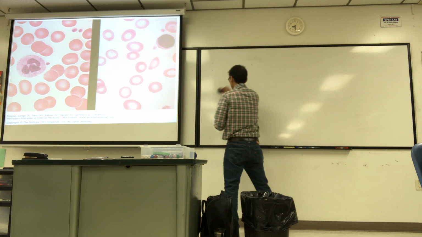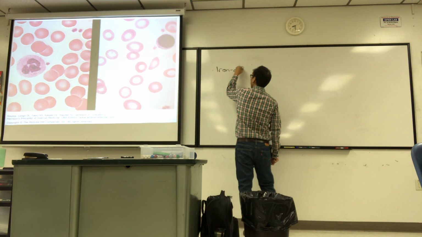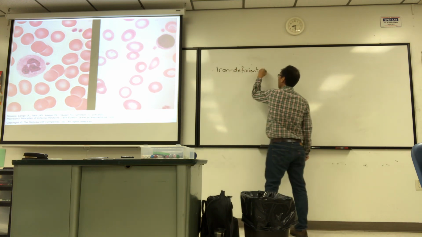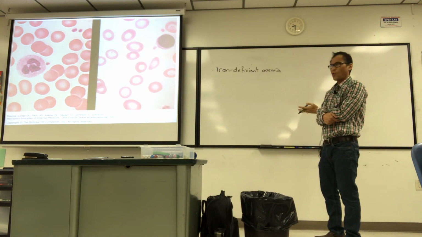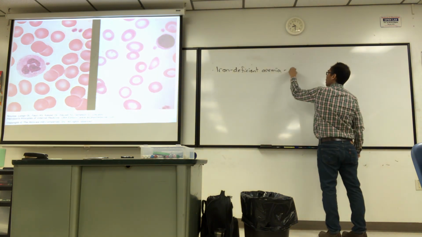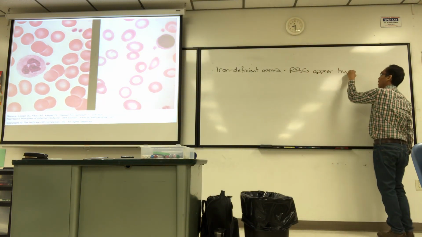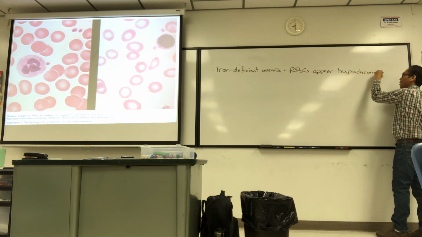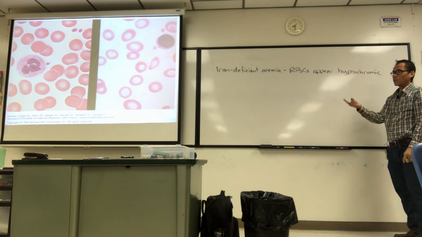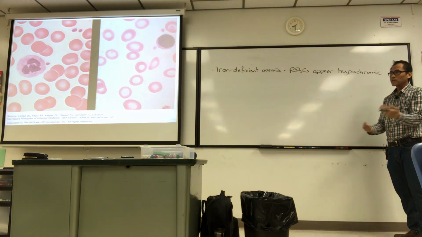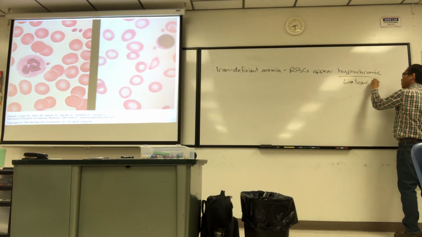In iron-deficient anemia, they call that hypochromic. RBCs appear hypo. It's a fancy way of saying they appear lighter. Chromic means color, so if they're more whitish because they've got no color, what it means is low HB content.